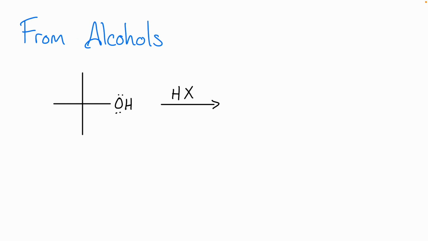So when we did it in the lab with our tertiary alcohol, we used HCl, for example, right? And what we get is what we call a substitution reaction, where that halogen substitutes that OH group.